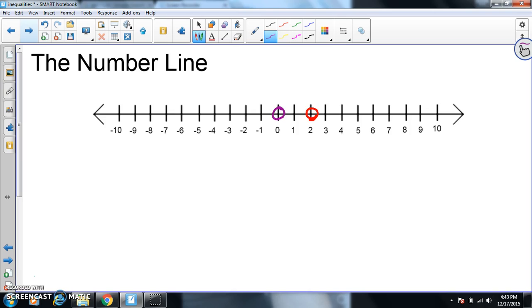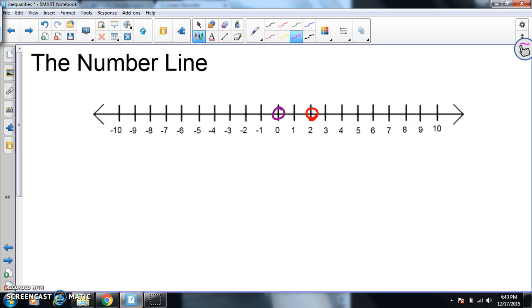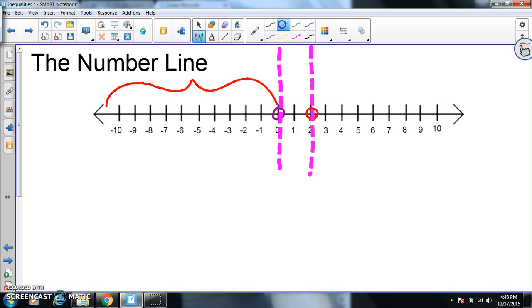Now that I have my key points, I need to separate my graph into regions. So, going to use this dotted line and make a line through the points that I already have. I need to pick a test point from this red section, the green section, and the blue section.